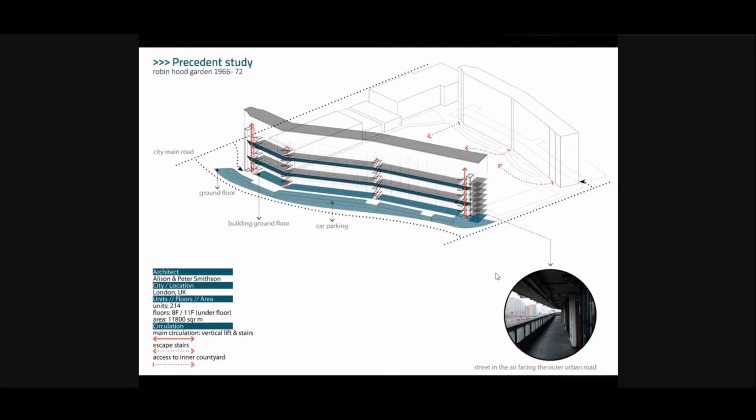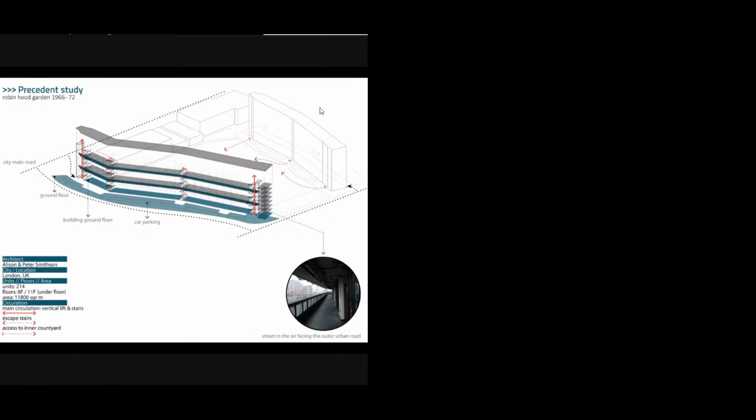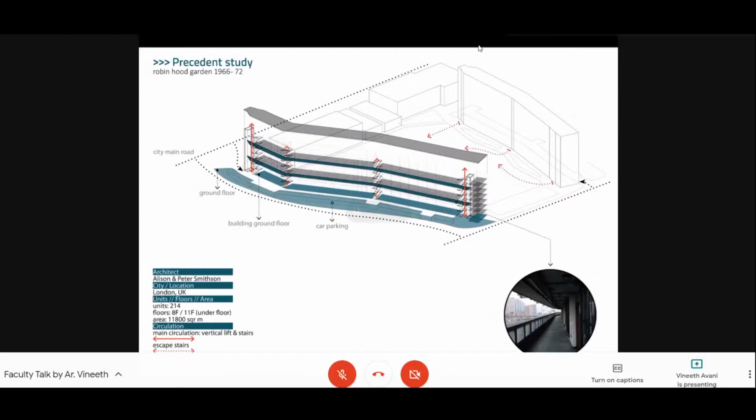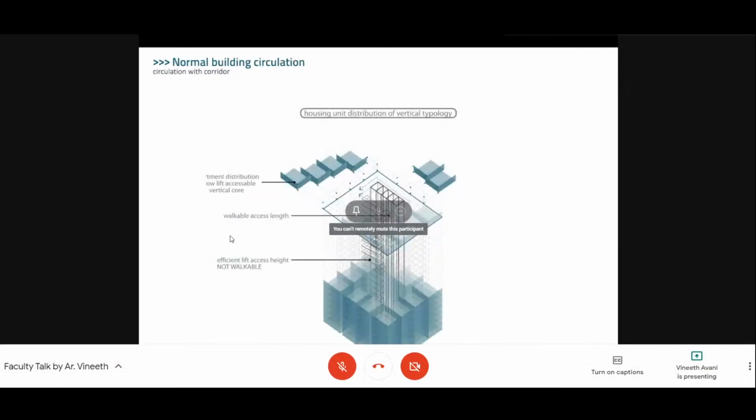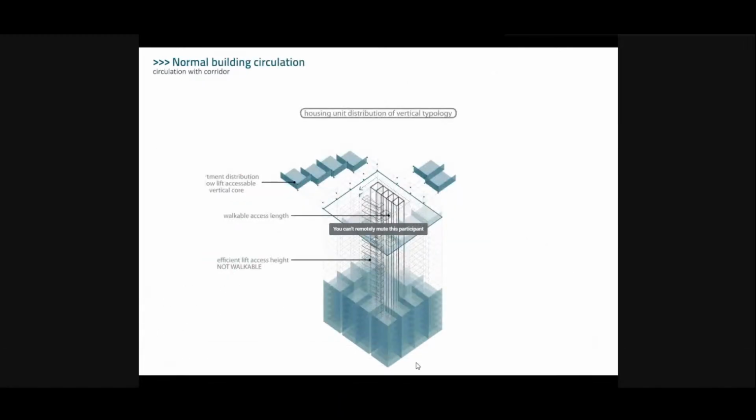We look at existing building typology, where apartment units are distributed along the corridor or along the circulation system. This is a vertical typology, so we have a core at the center and apartments distributed along that. We look at opportunities after we remove the vertical and horizontal circulation cores and corridors.